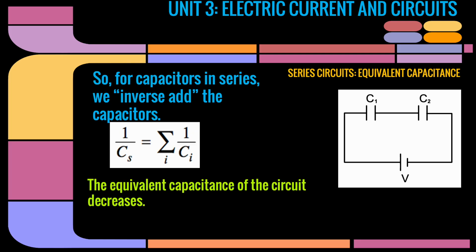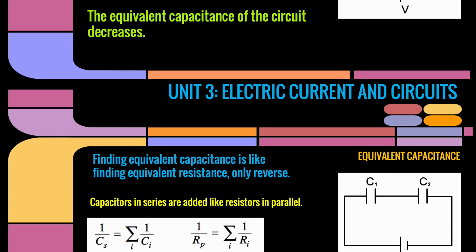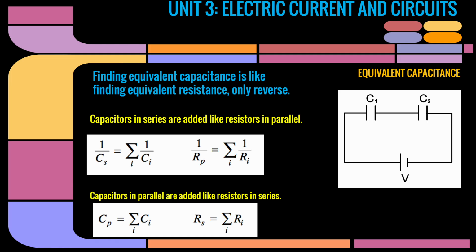The equivalent capacitance of the circuit ends up decreasing when I add capacitors in series. So just as a quick rehash, capacitors in series are added like resistors in parallel, and capacitors in parallel are added like resistors in series. So we have to be mindful of how they're set up.